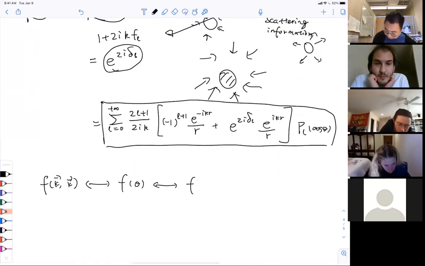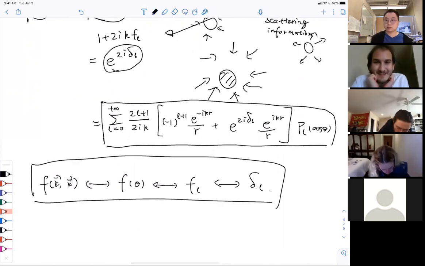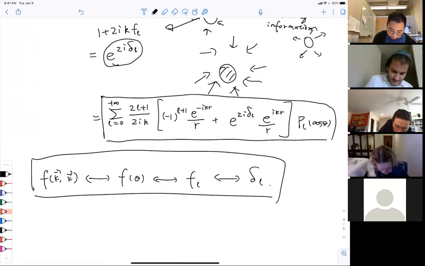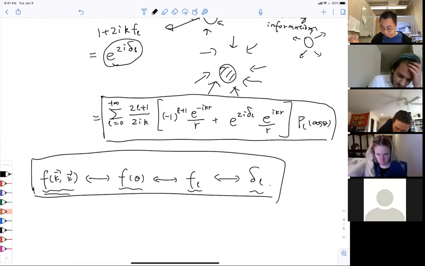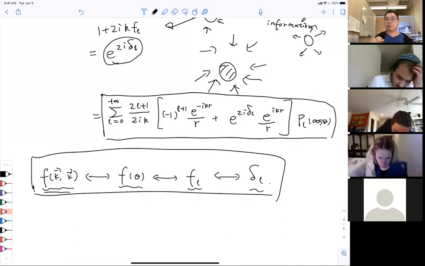The scattering amplitude contains all the information, then f(theta), then F_L, and then delta_L contains the information. So all information about the scattering is encoded in the phase shift delta_L, which is the phase shift between the incoming and outgoing waves.